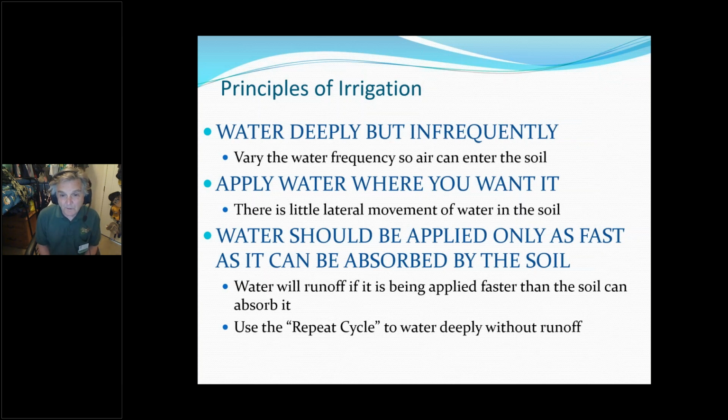To avoid runoff, only apply the water as fast as it can be absorbed by the soil. And as you probably know, different types of soil can absorb water at different rates. A sandy soil can absorb water very quickly, whereas a clay soil absorbs it slowly but retains it for a very long period of time.